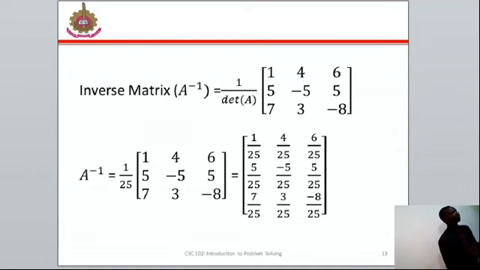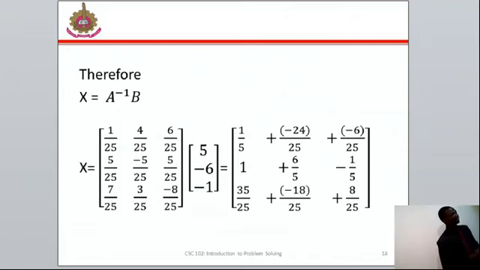So when you substitute that 25 in your formula, you obtain your A inverse to be equal to 1/25 times that adjoint, the matrix that we just got. And if you divide each element by 25, you obtain a value for your A inverse.